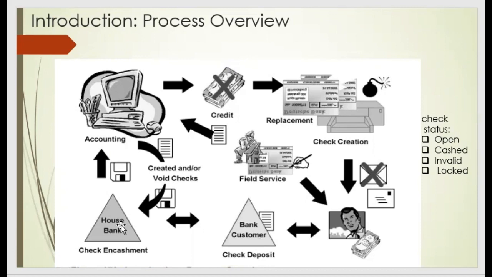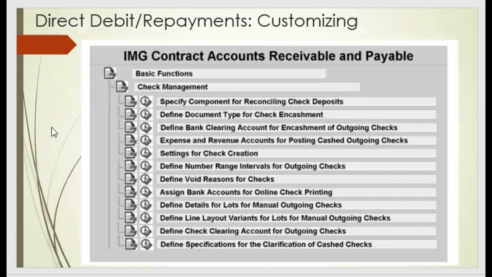That is called direct debit. The customer need not be involved. He just puts the money into the account, and from the account it is automatically deducted and comes to the bank. So direct debit or repayment, the customization happens on this screen where we mention the check management. So check management or direct debit.